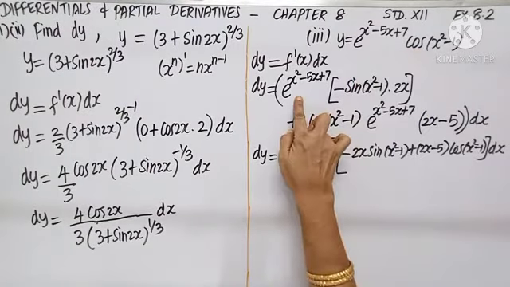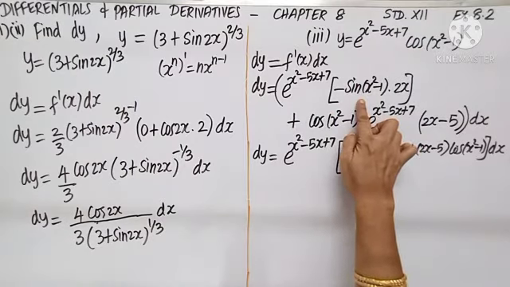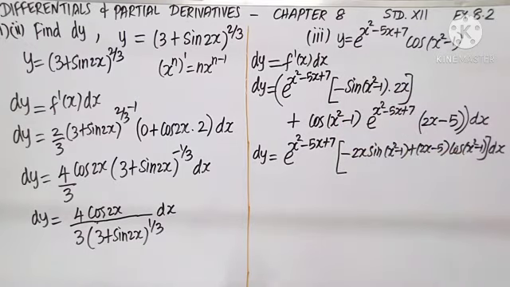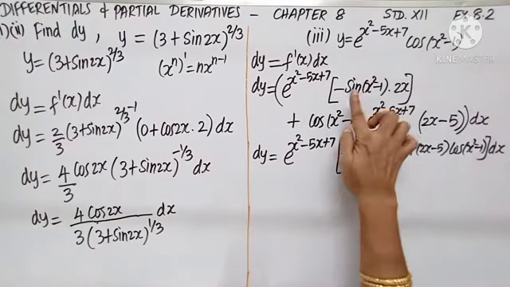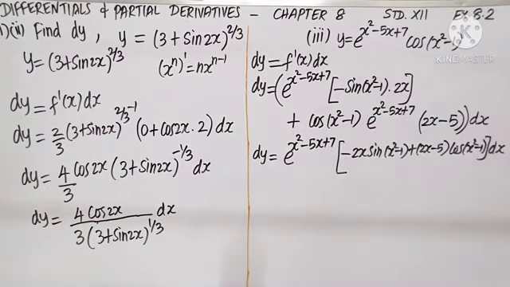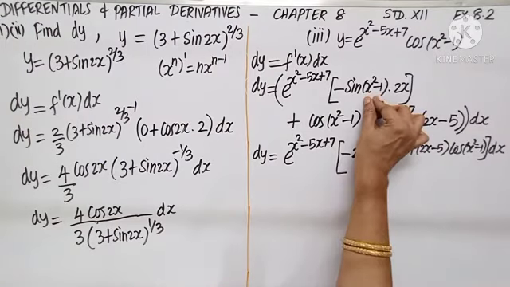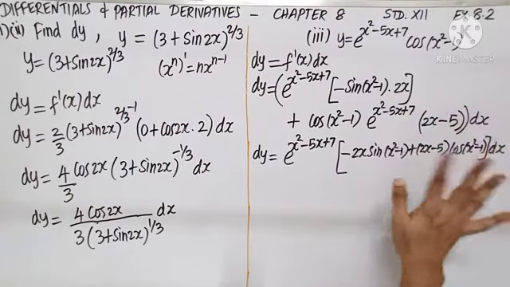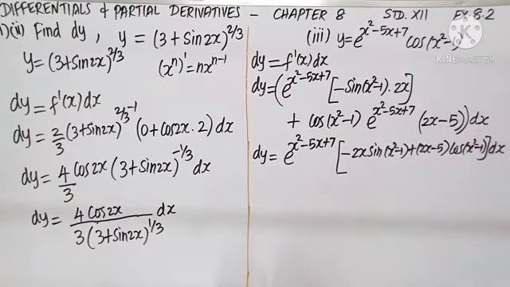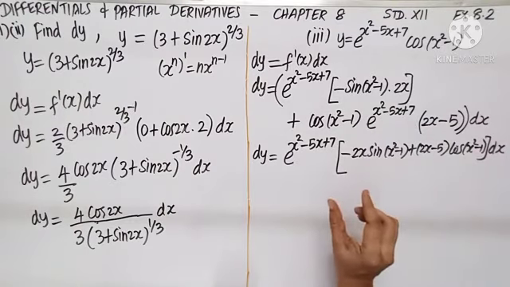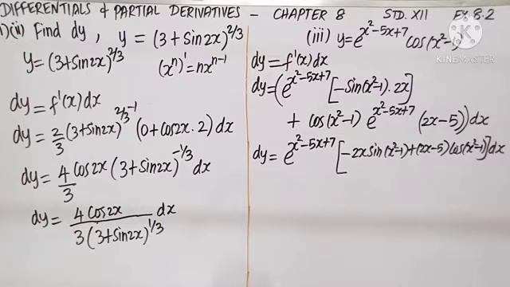Keep the first term, differentiate the second term, plus keep the second term, differentiate the first term. Cos will become minus sine, e power will become e power, and ordinary formula x square becomes 2x, x becomes 1, constant becomes 0. So remember the idea so that any problem is at your step.